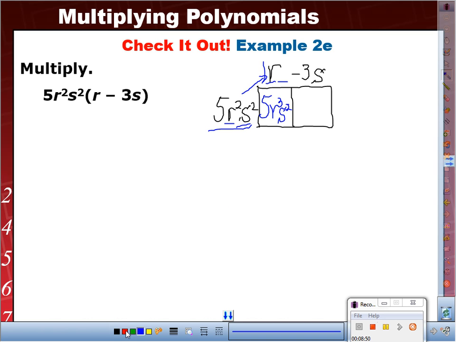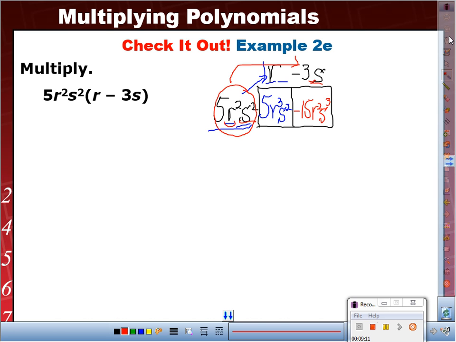So far so good? Next, this same one, now I'm going to multiply times that one. So 5 times negative 3, that's negative 15. R squared times no r, I'm going to write r squared. And s squared times s, that's s cubed. Hands up if you got that. That is correct. Okay? So far so good?